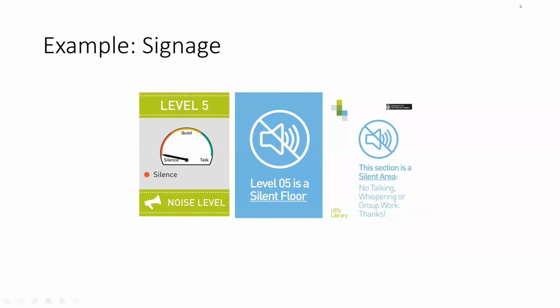So let's look at some examples. This is an example from the University of Technology, Sydney. And they have an article in Weave that is all about how they better designed their signage. So not just their silent floor signage, they have lots of examples in the article that I suggest you check out.